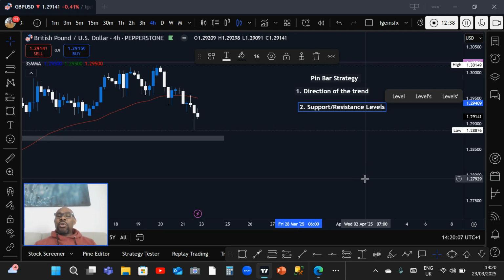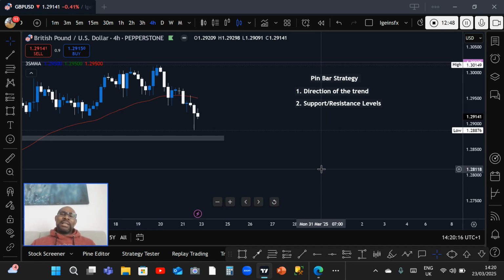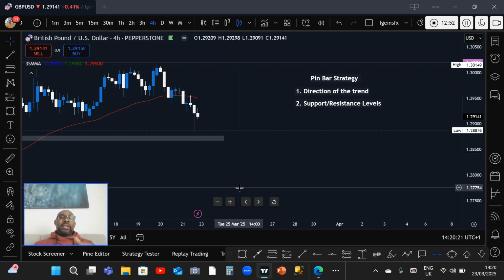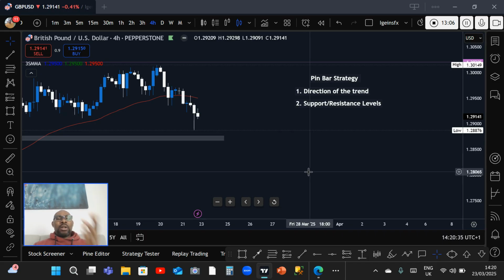You must know where the support is and where the resistance levels are. Now, how do you determine that? You scale to your HTF, that is a higher time frame, for you to plot the levels. Don't plot a level on a lower time frame, LTF.